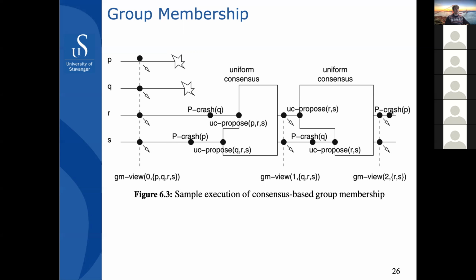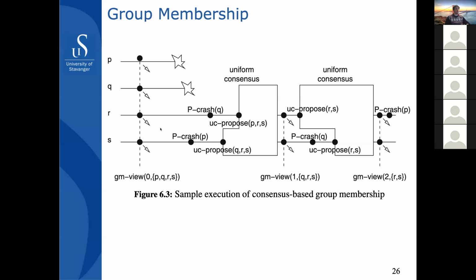And then they have added that the process R detects that P crashed after it was already in view 2, but you can see that process R was able to remove process P from the view, even though it didn't detect it from its failure detector.